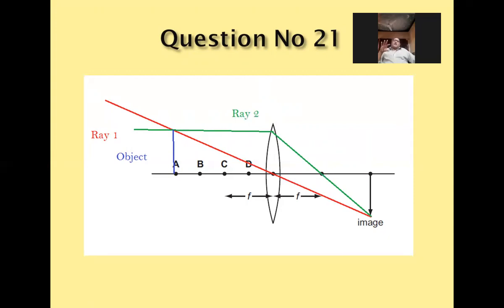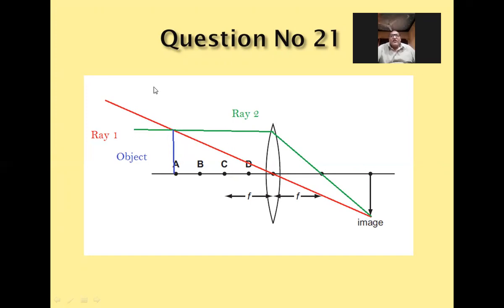Then I will use that green ray, ray number 2. Start it from the head of the image and pass it through the F, the principal focus, on the same side. When it touches the lens, from there it becomes parallel to the principal axis.